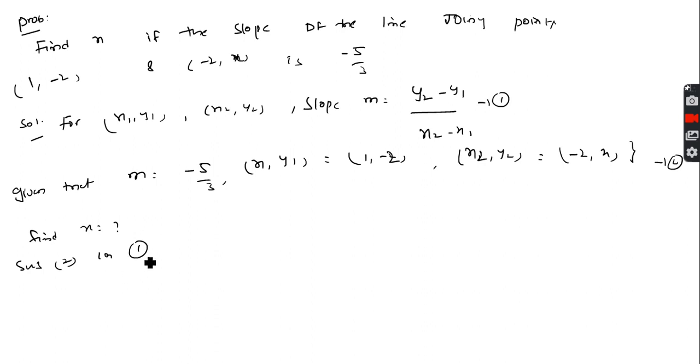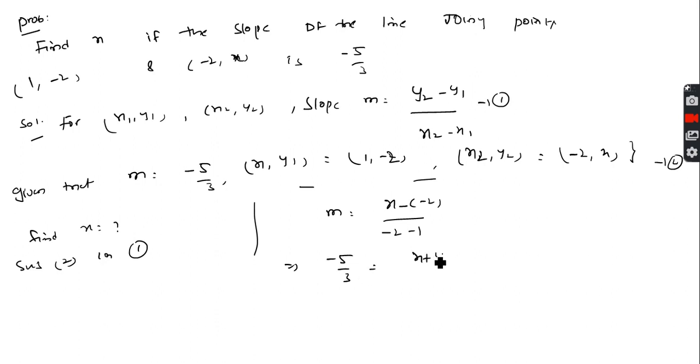So therefore m equals y2 minus y1, that is x minus of minus 2, by x2 minus x1, minus 2 minus 1, and given that m is minus 5 by 3.